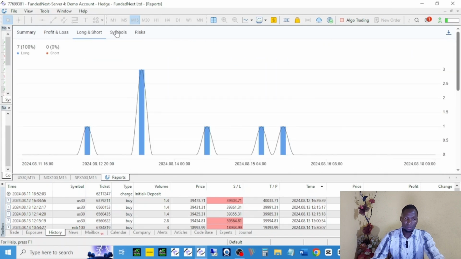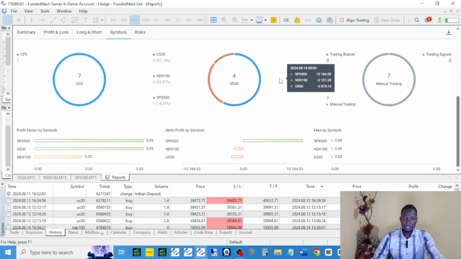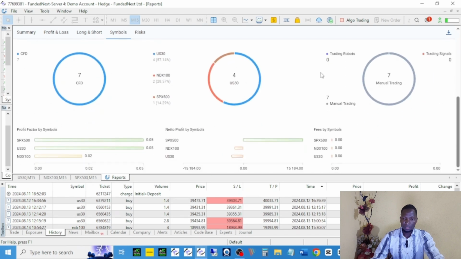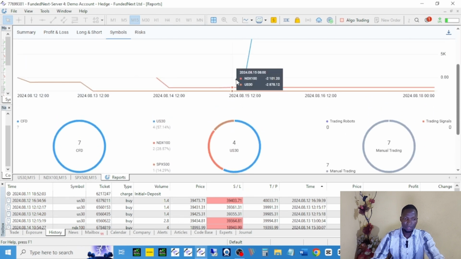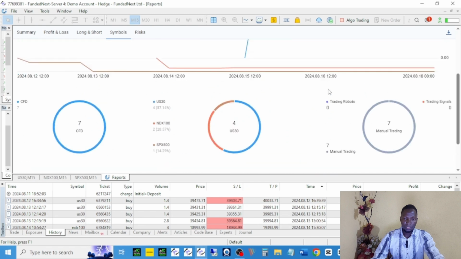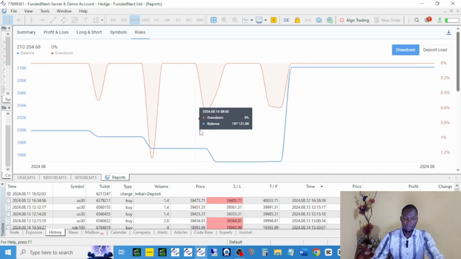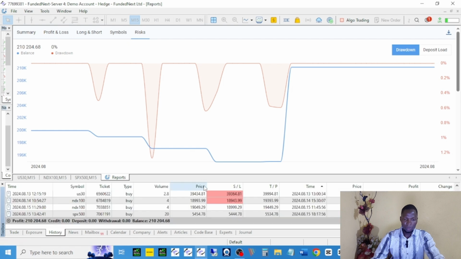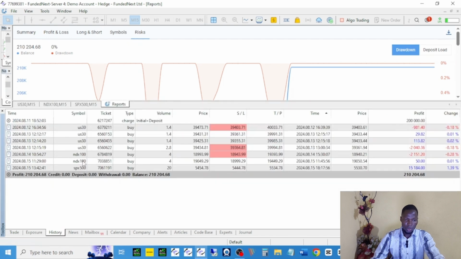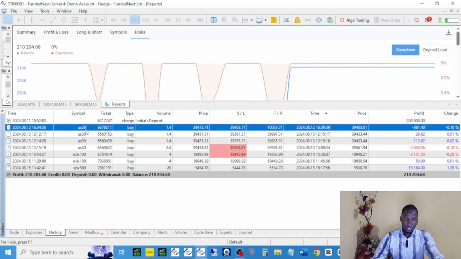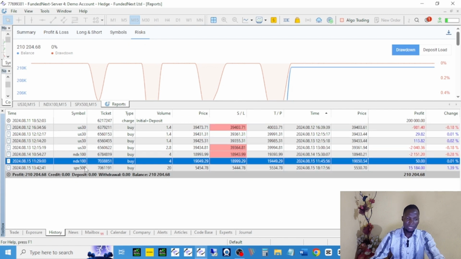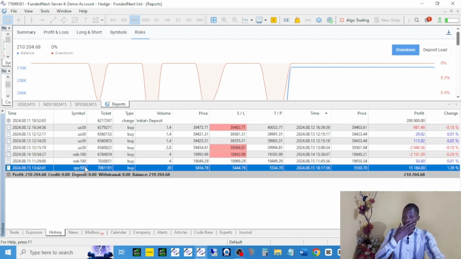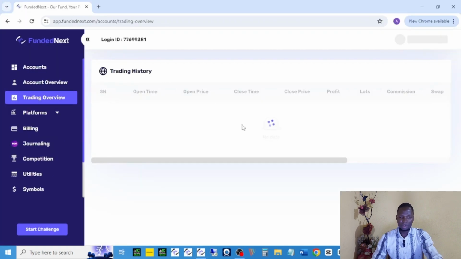So the symbols I traded: US30, Nasdaq 100 and SP 500. All these are indices. So I'm moving on to Funded Next.